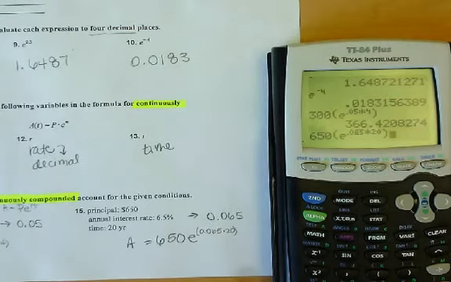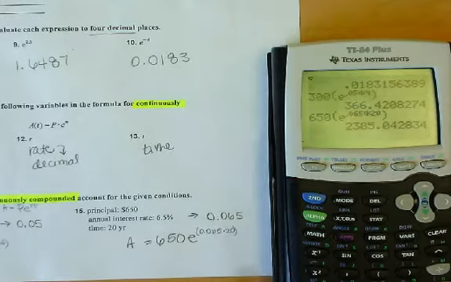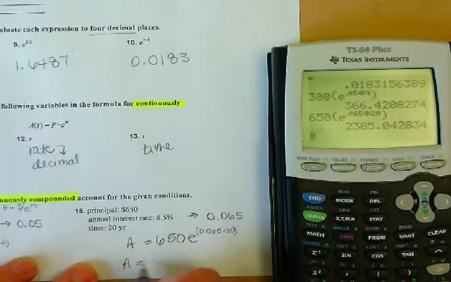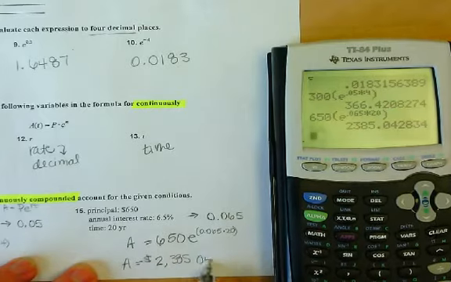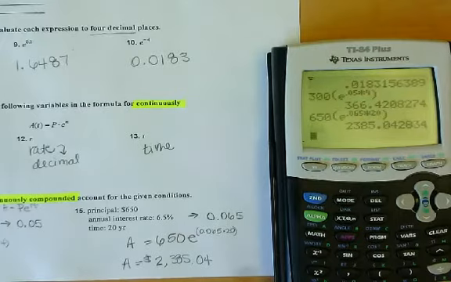This is an exponent. So my solution for A is $2,385.04. We're dealing with money, so you need to make sure that you end this with 2 decimal places to hold the place value for the change.